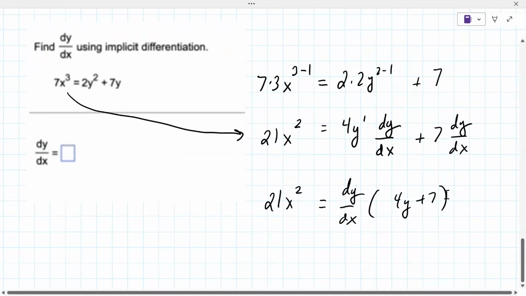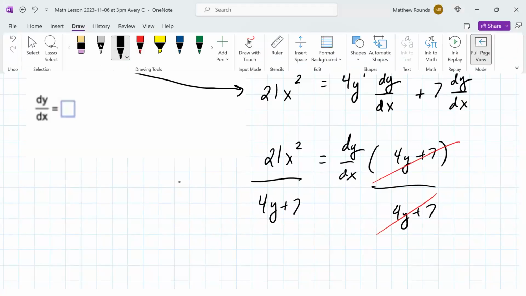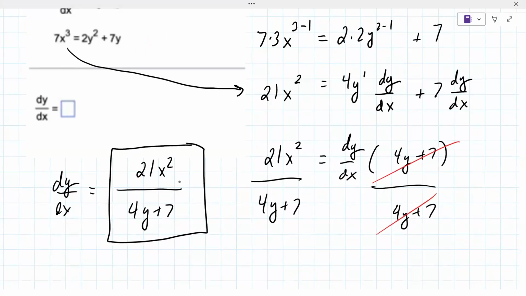I'm just factoring it out. And then you divide both sides by what's left inside parentheses. Those cancel. So your dy/dx is 21x squared over 4y plus 7. That's your answer.